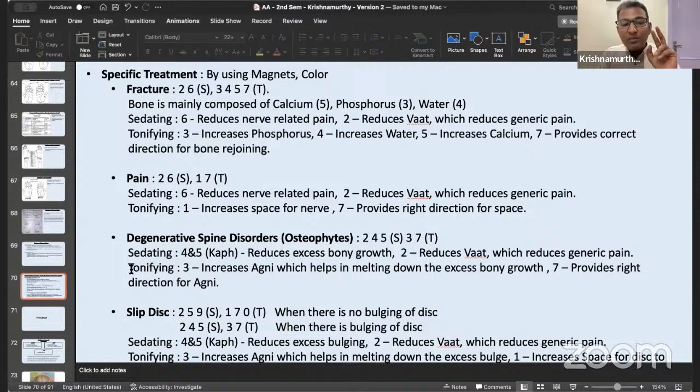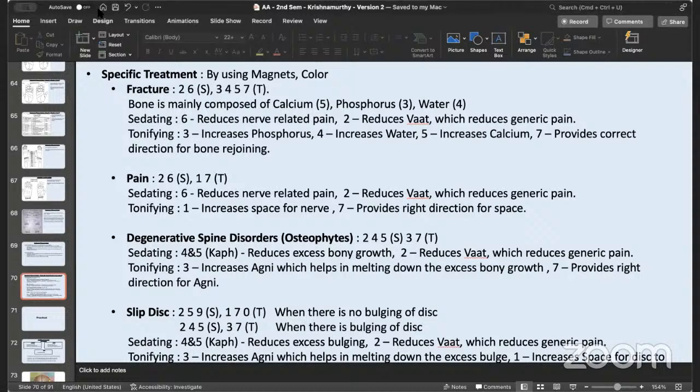Now what am I doing? I am tonifying 3 to reduce the bone. How will I reduce that extra bone? Do I have to give Agni to it or no? Yes, sir, you have to.